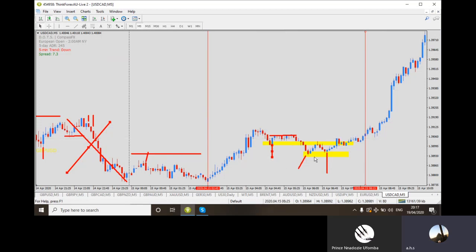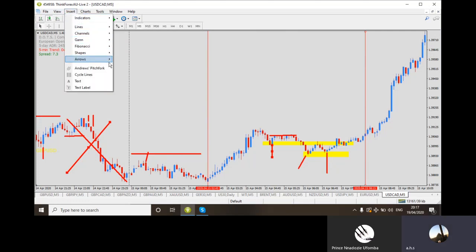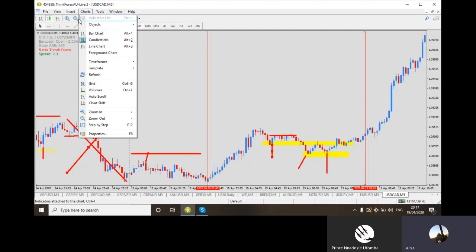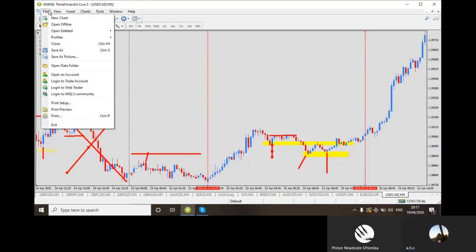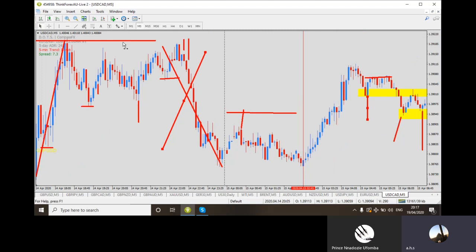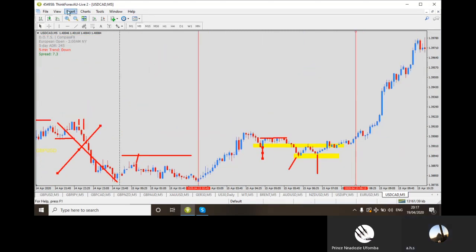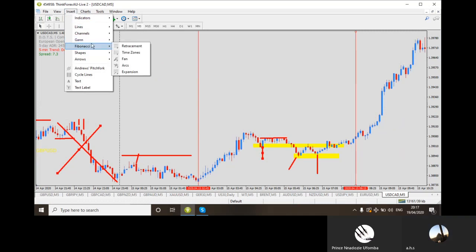It's worth me staying in that trade, because let's put on a moving average. One second. That's why we use things like moving averages. They do help keep you in the trade. Normally it comes here.